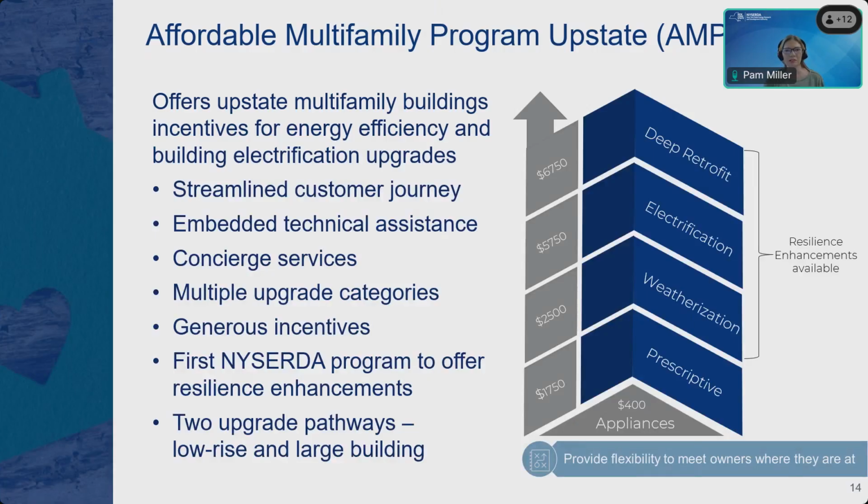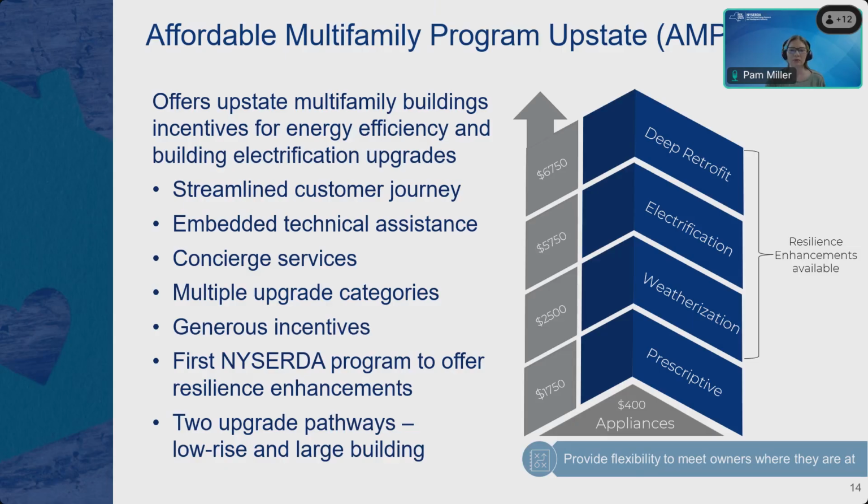There is no need to apply to different programs to get all of these services. They were all included as part of this program offering. Think of the concierge service as almost a white glove approach to navigating the program. You'll work with a participating contractor who will guide you through the entire process from application to project completion.